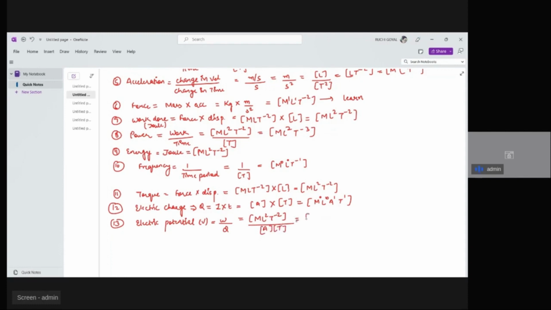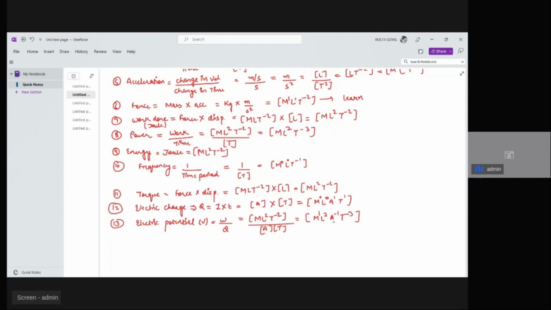So its formula will be M1 L2, A will be minus 1 and T will be minus 3. This is the formula of electric potential, right?